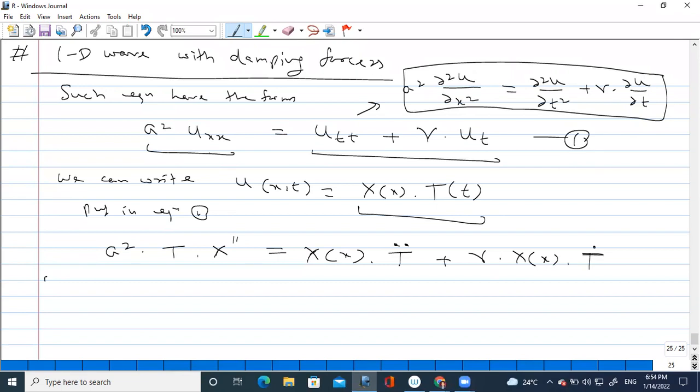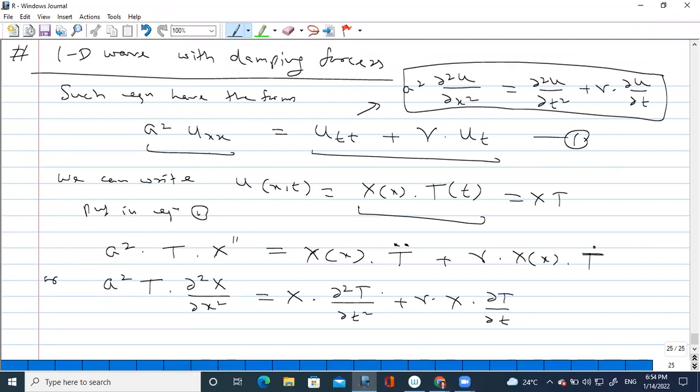Or I can write this equation completely: a square t into del 2x by del x square equal to x into del 2t by del t square plus gamma into x into del t by del t. So this is my equation.